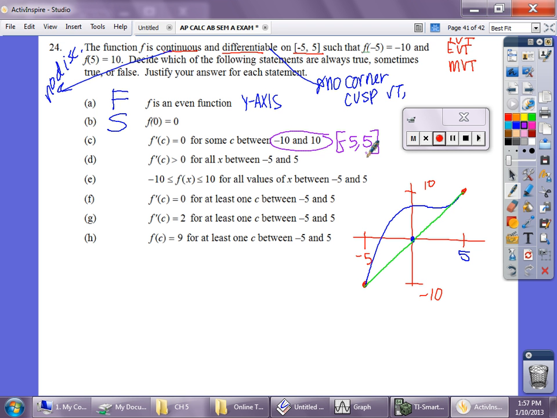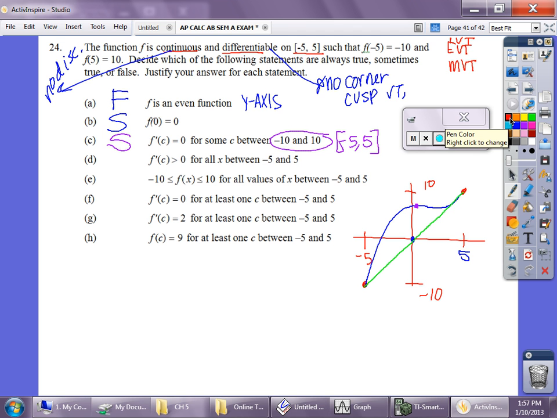So it can't always be true. Secondly, if we're looking at f prime of C being 0, we're going to look for horizontal tangents. So could I potentially have a horizontal tangent somewhere between negative 10 to 10 domain? Yes, the blue graph has a horizontal tangent. Put it right about here. But the green graph doesn't. So this one I would give a sometimes.